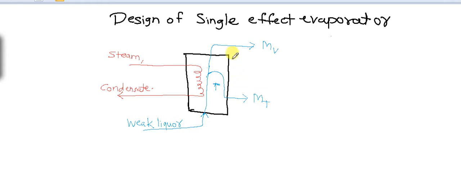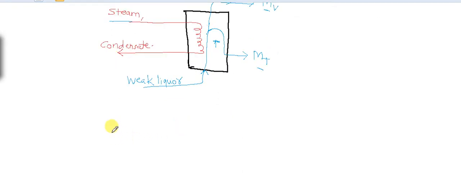In short, from weak liquor you get two output streams: the vapor flow rate outlet and thick liquor outlet, while the steam gets condensed. After giving heat, steam gets converted to condensate. So all this is about the flow rates of steam and weak liquor.